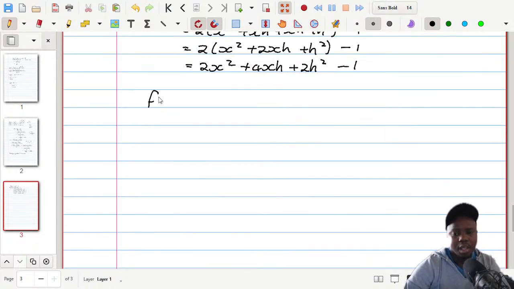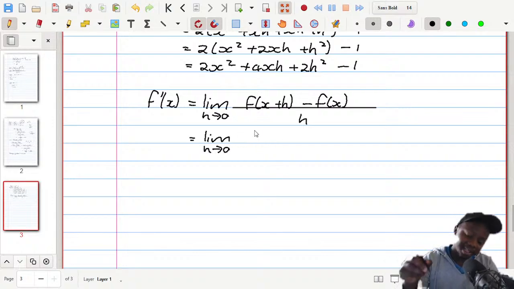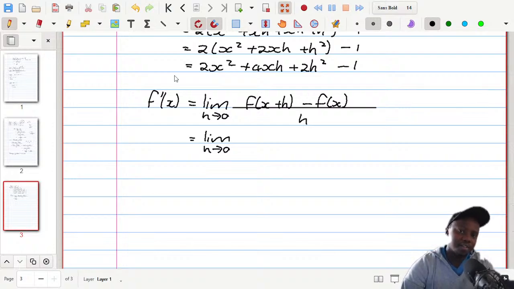So f prime of x is equal to the limit as h approaches 0 of f of x plus h minus f of x, divided by h. This is going to give me the limit as h approaches 0. Now at this point, this is where I would usually say practice safe maths.